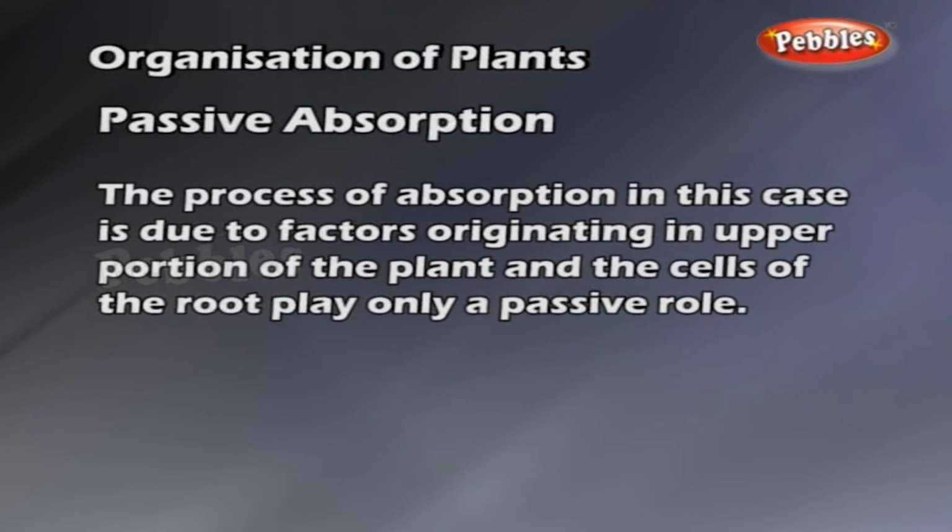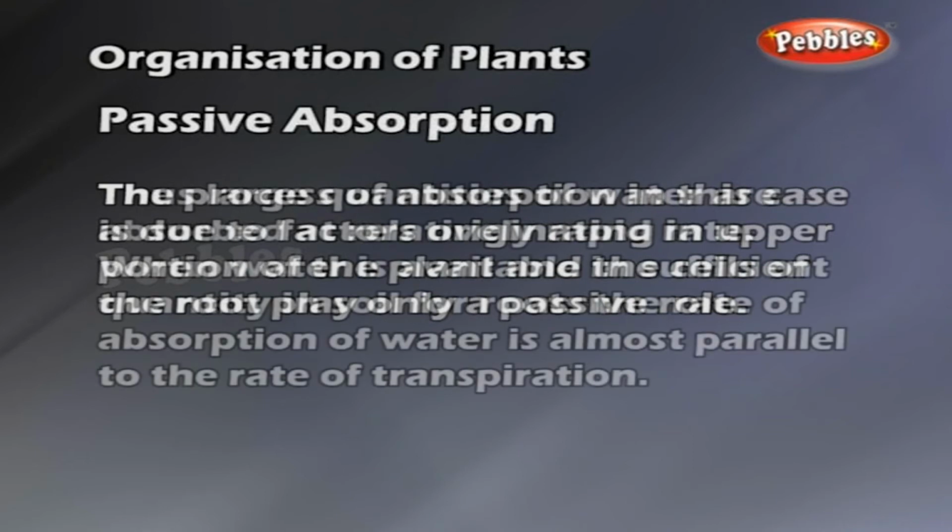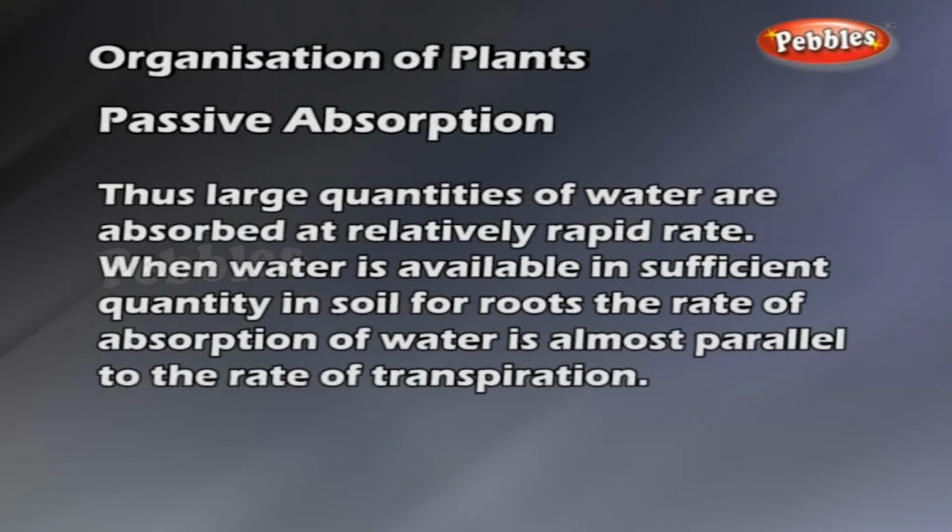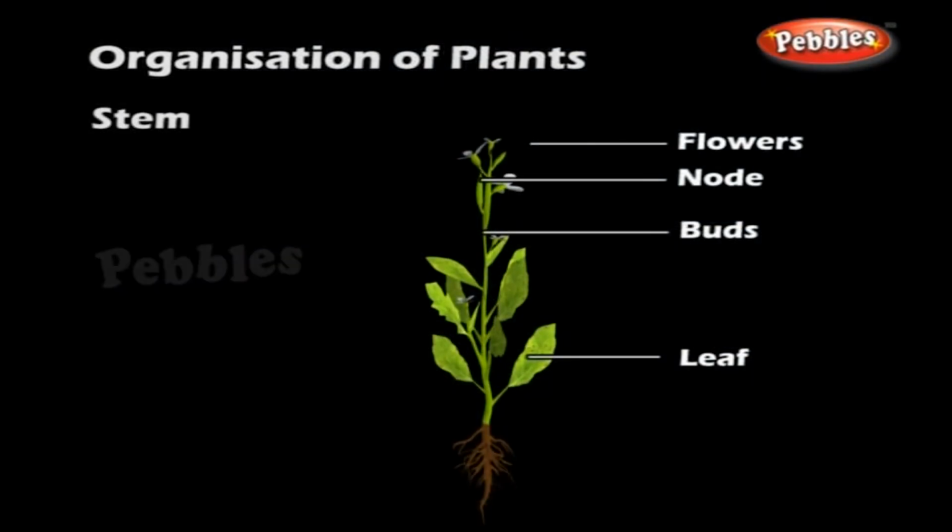The process of absorption in this case is due to factors originating in the upper portion of the plant, and the cells of the root play only a passive role. Thus, large quantities of water are absorbed at a relatively rapid rate. When water is available in sufficient quantity in soil for roots, the rate of absorption of water is almost parallel to the rate of transpiration.